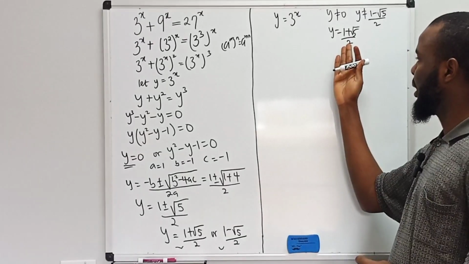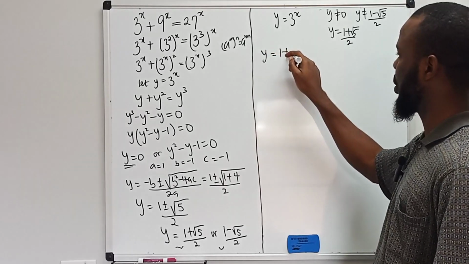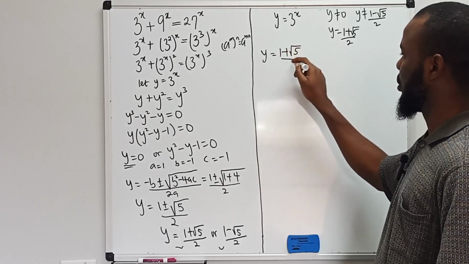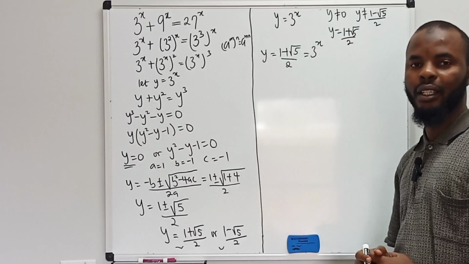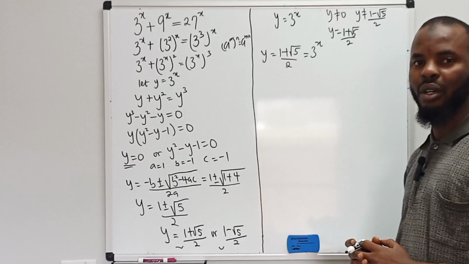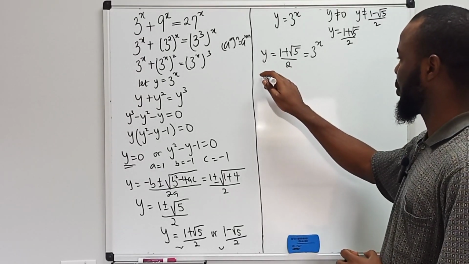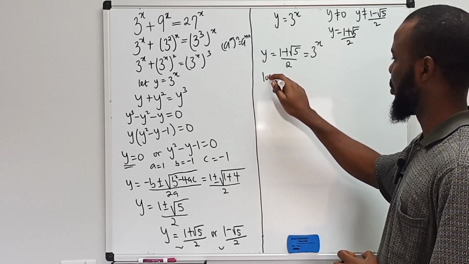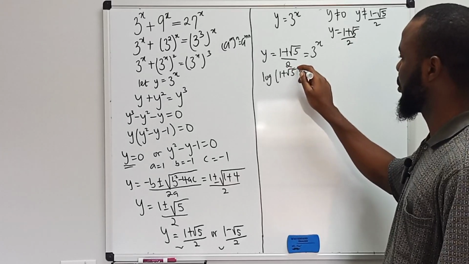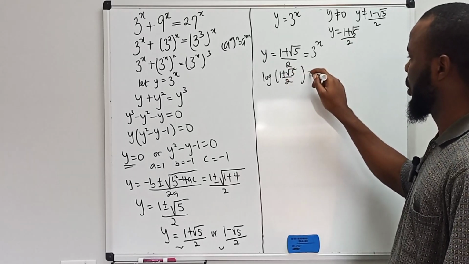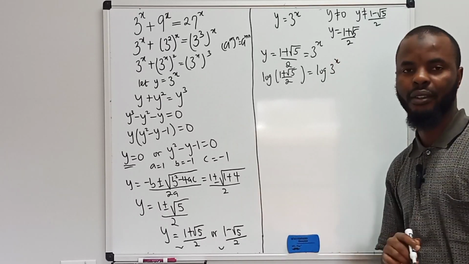So now plugging in this as y, my y equals 1 plus root 5 over 2, which is the same thing as 3 to the power of x. Now using this to get the value of x, we apply log to both sides. We have log in base 10 of 1 plus root 5 over 2 equals log in base 10 of 3 to the power of x.